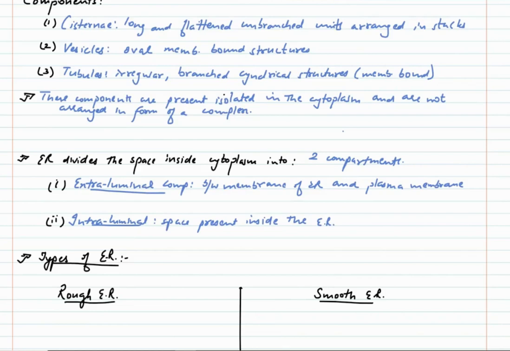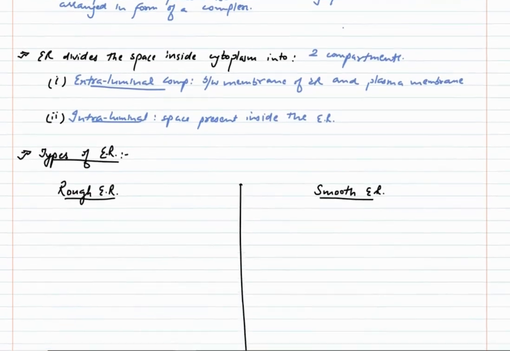So ER is basically a network of spaces bound by membranes. So the space present inside the ER is known as the intraluminal compartment.